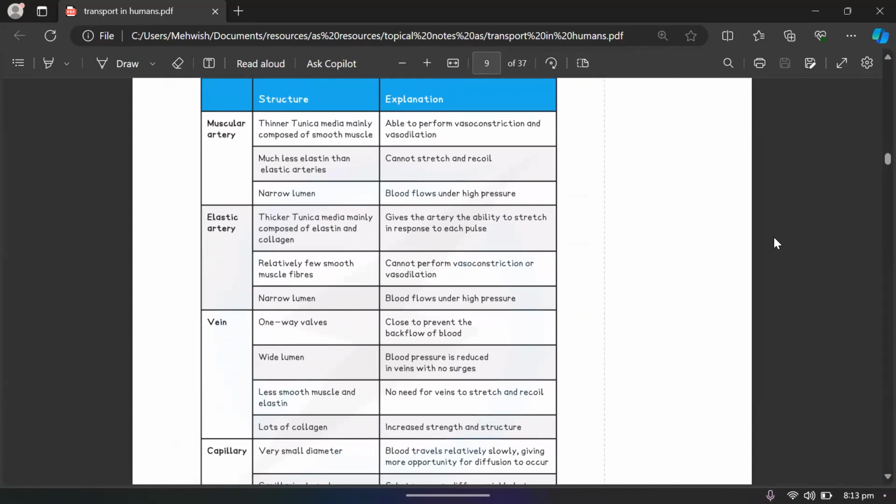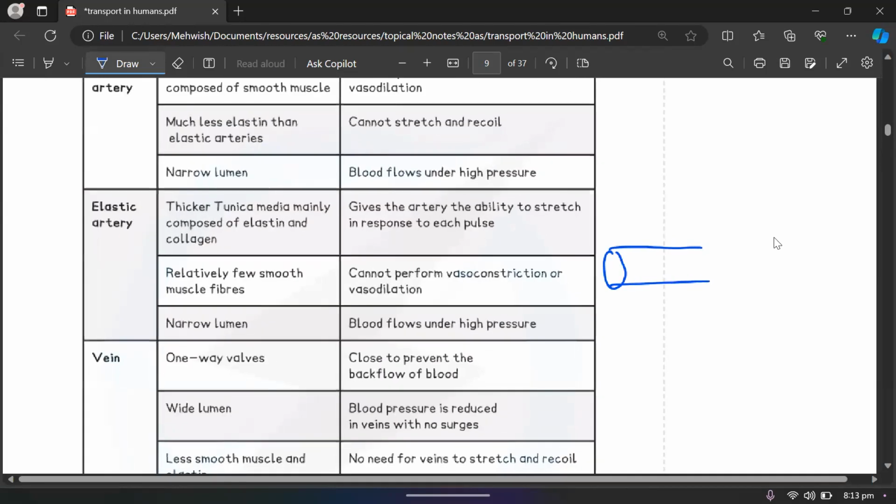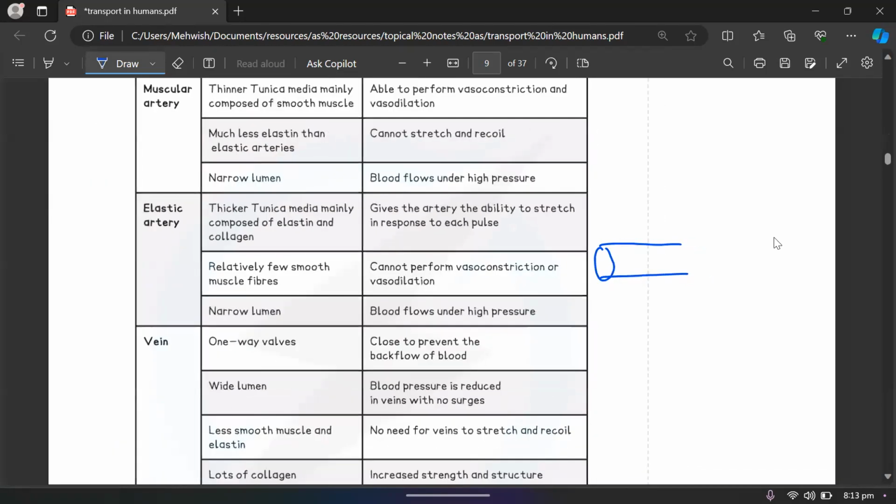When an artery supplies blood to any part of the body, it first splits into smaller arteries, and that is called an arteriole.